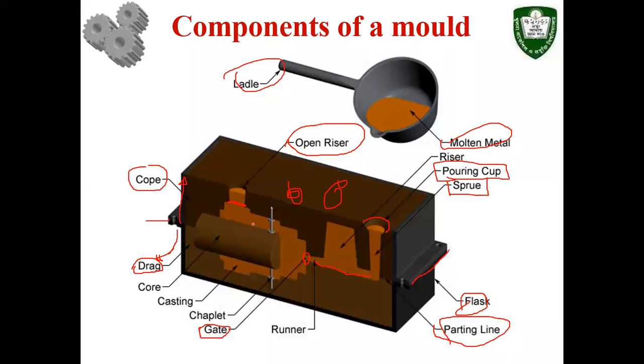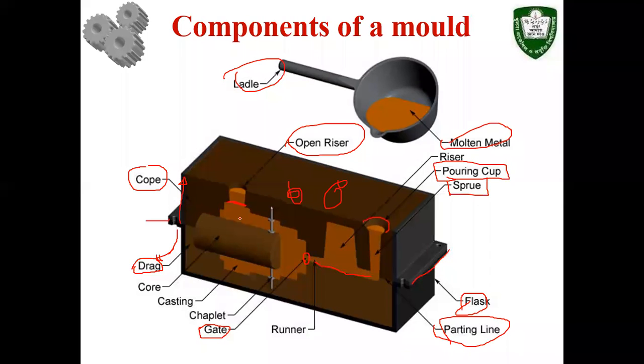We need to have some means so that air can get out. Otherwise, air will be trapped inside. Then the cavity cannot be filled with liquid metal, right? That is why we need to have an open riser.